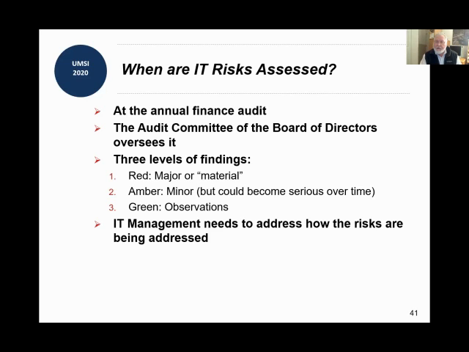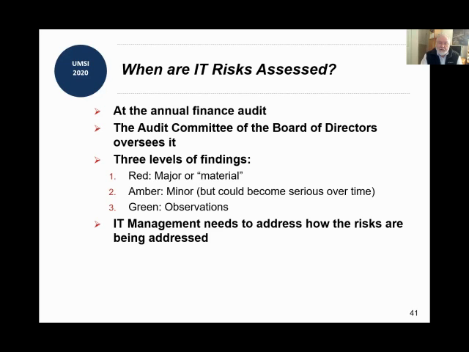There's the red, or the major material risks that require immediate attention, or certainly highest priority attention. Amber, which are minor, but they could become serious over time. And then green were more observations that we still had to address, but might be on hold for a while.